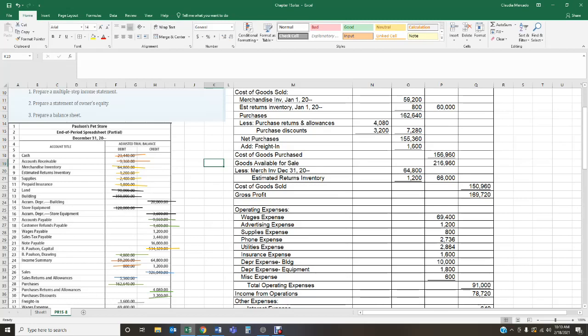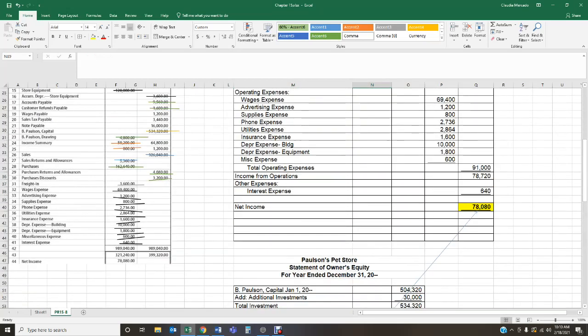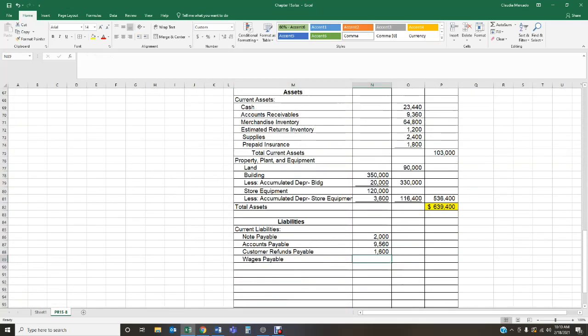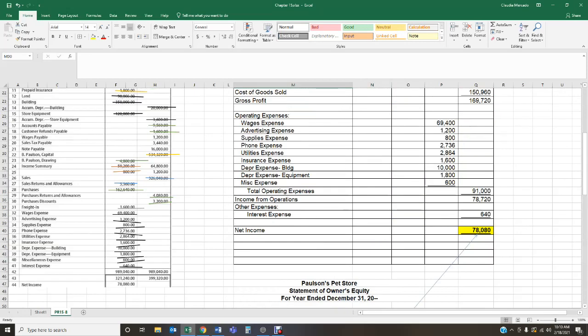Okay. We have wages payable of $1,200. Okay, so my wages payable is $1,200. Okay, what else do we have? Wages payable, $1,200.